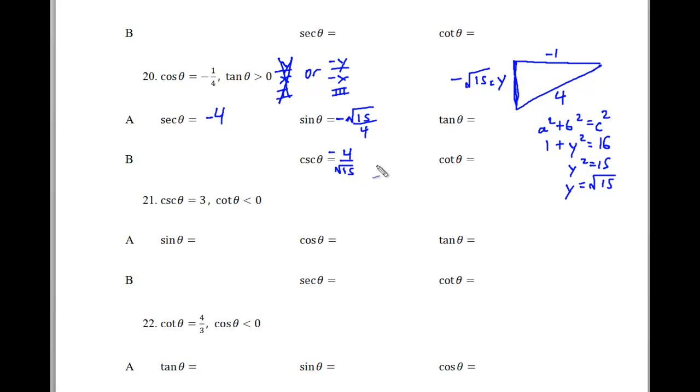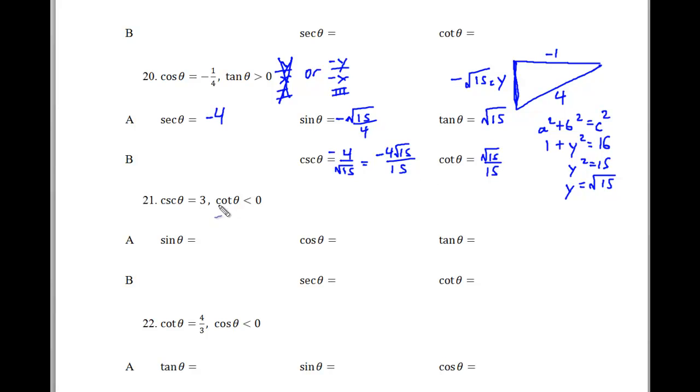Now, I'm going to multiply top and bottom by square root of 15, so I got negative 4 square roots of 15 over 15. The tangent is going to be opposite over adjacent, so that is negative square root of 15 over negative 1, which is just square root of 15. And our cotangent is going to be 1 over square root of 15, or if I rationalize the denominator, square root of 15 over 15.